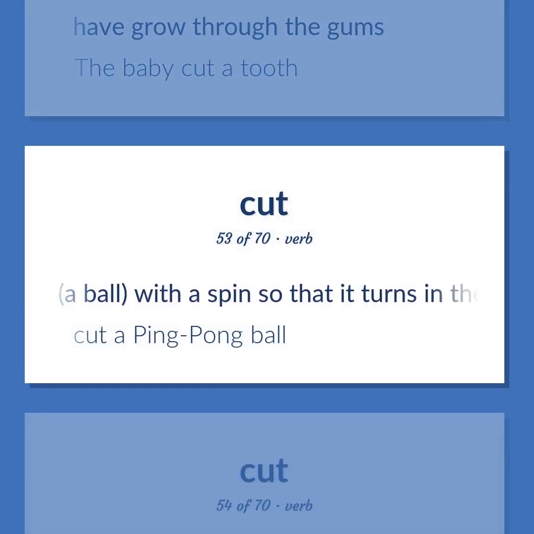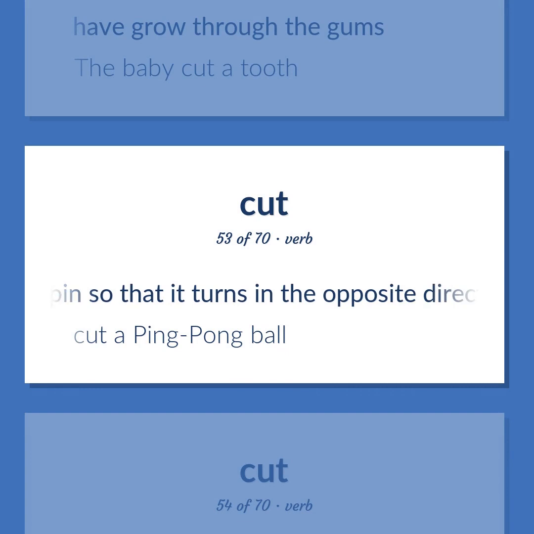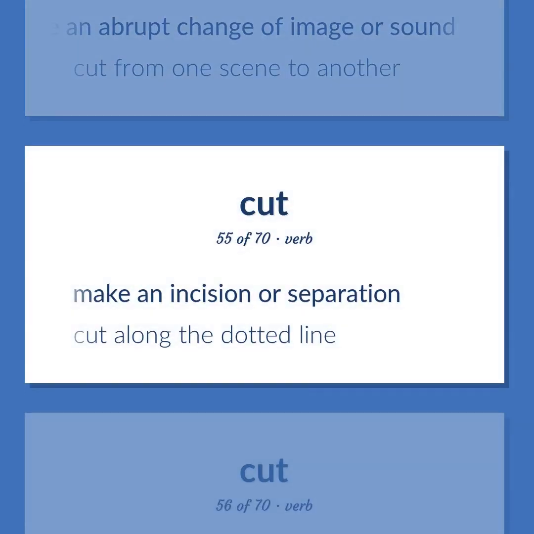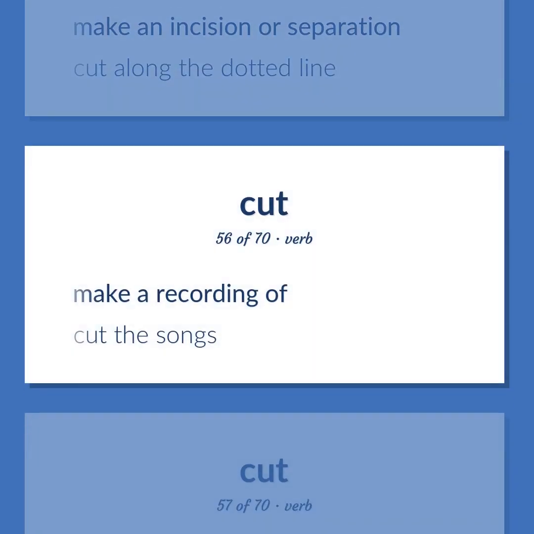Hit a ball with a spin so that it turns in the opposite direction. Cut a ping pong ball. Make an abrupt change of image or sound. Cut from one scene to another. Make an incision or separation. Cut along the dotted line. Make a recording of.